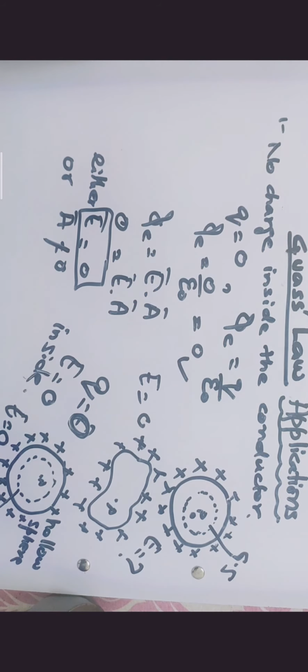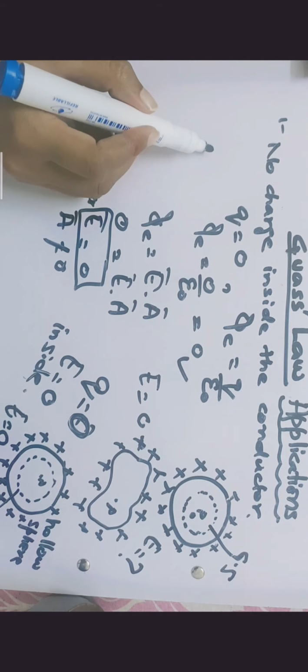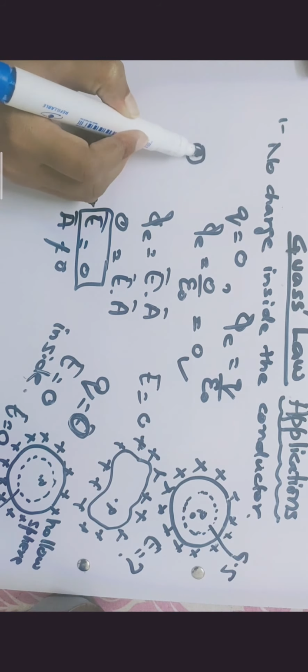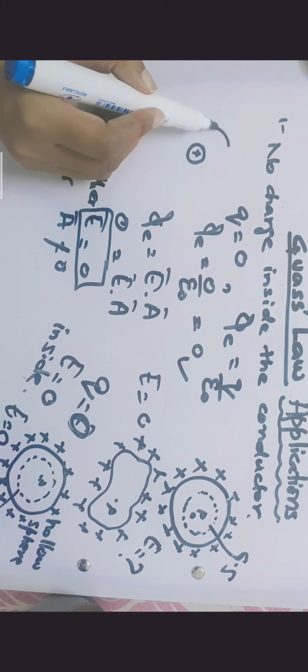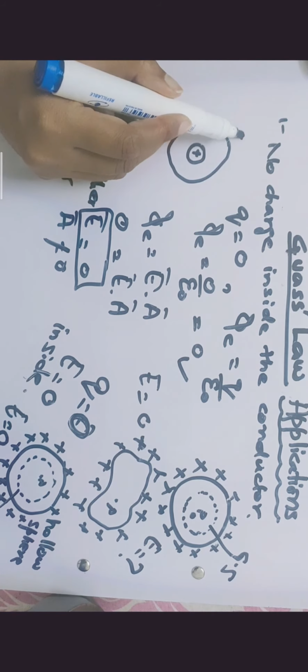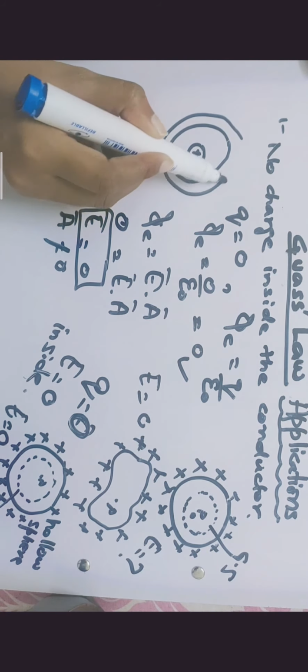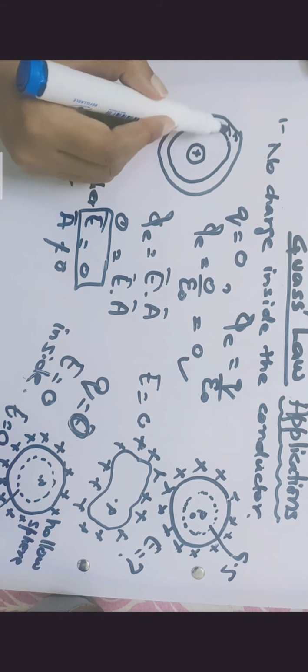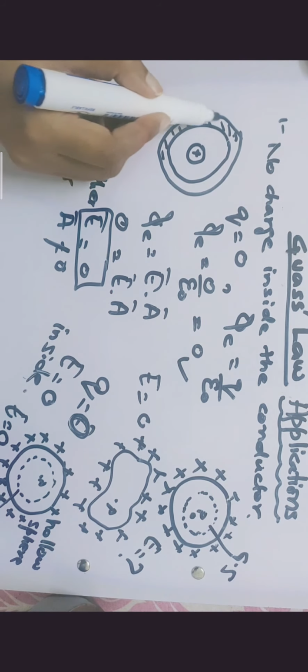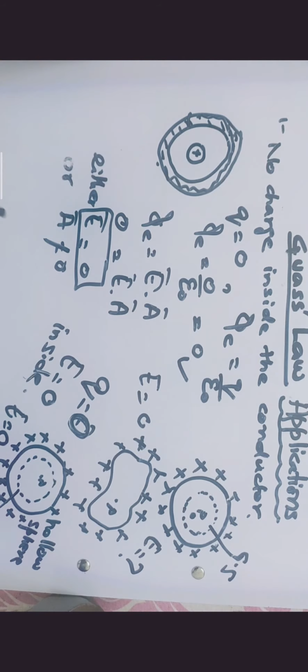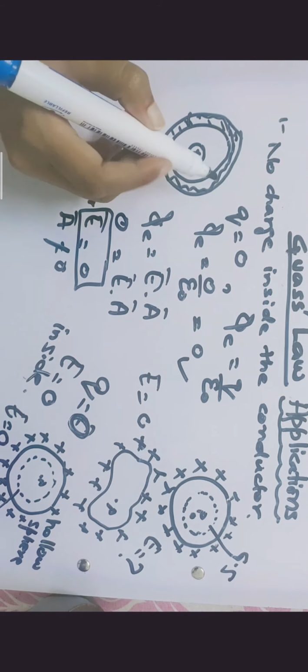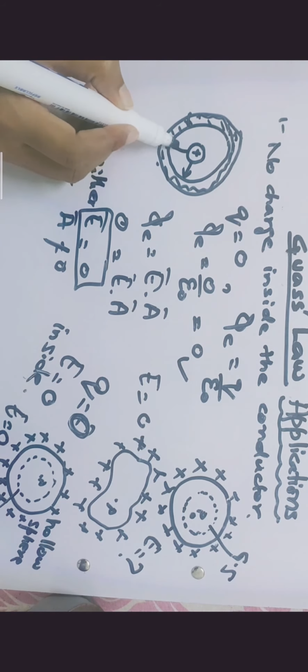There is another case in which we can take a metallic ring. There is a charge Q placed in the center, and we have a metallic ring around it.